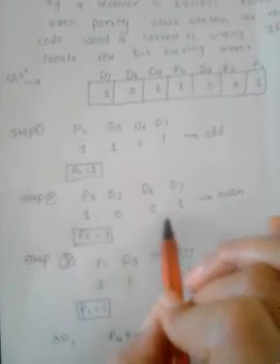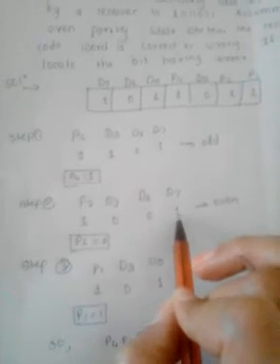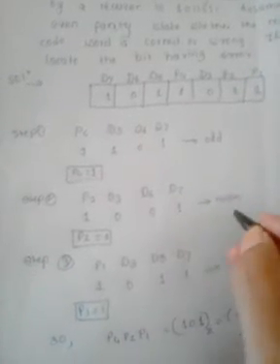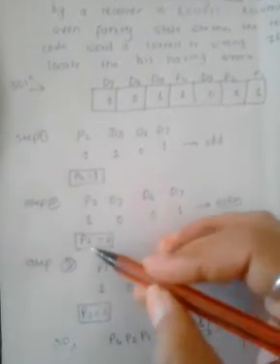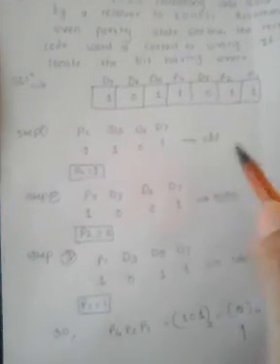Next, we have to calculate the number of ones. Here the total number of ones is 2. So this is even parity. So for even parity we write 0 for P2. If it is odd, then we write a 1 for the parity bit.